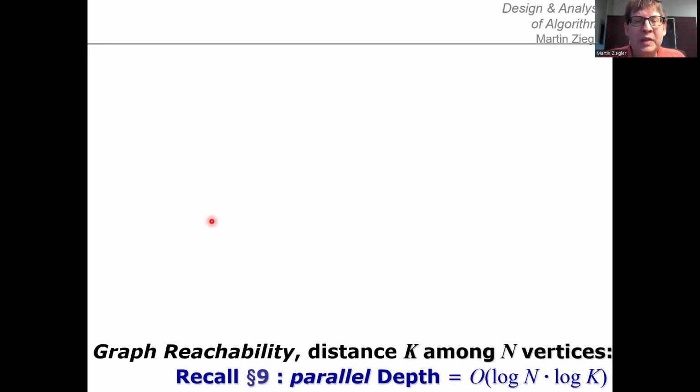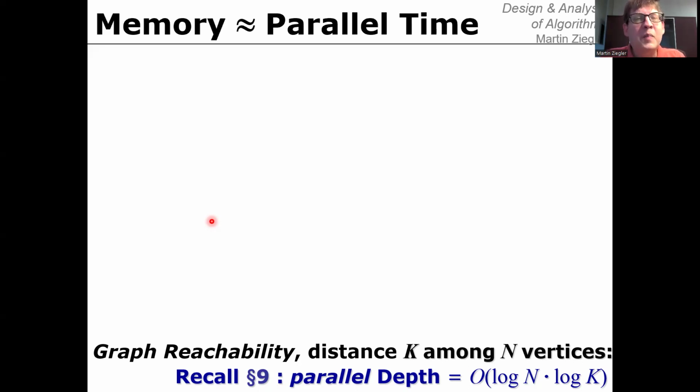And it turns out this is no coincidence. This holds in a very general setting, namely that memory corresponds very tightly to parallel time, which is an observation, a famous theorem made by Alan Borodin in 1977.